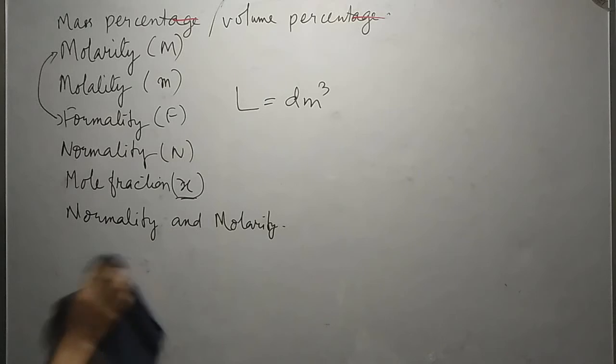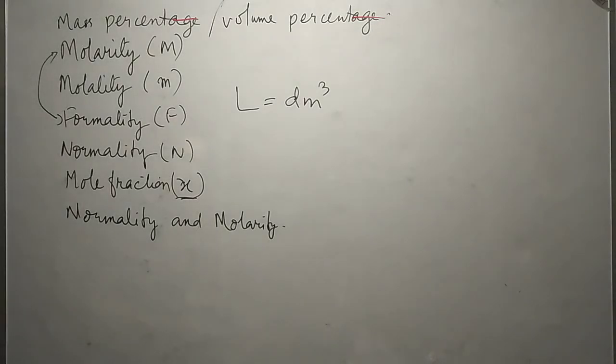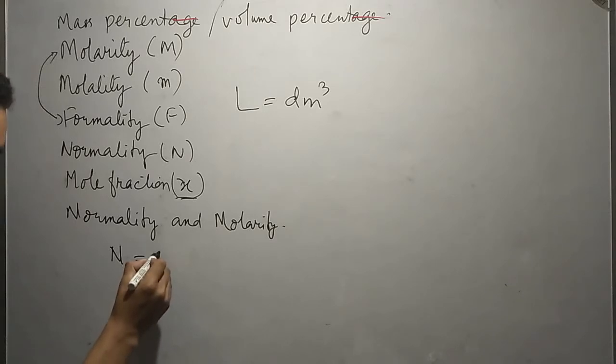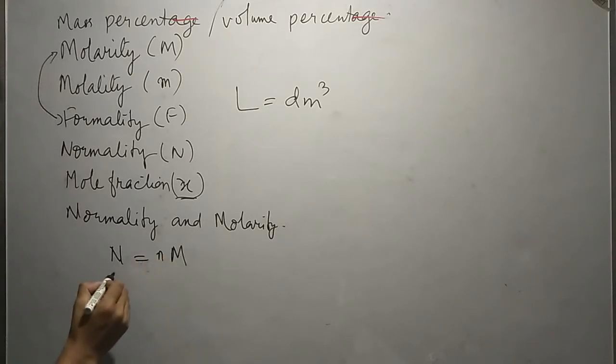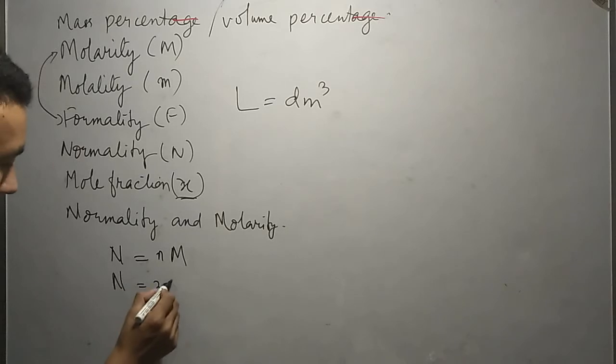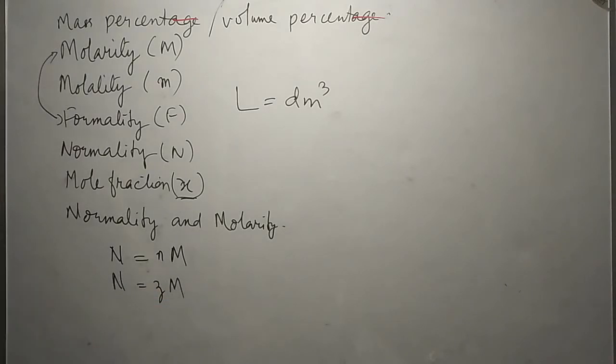The next one is the relationship between normality and molarity. Here we have normality equal to Nm, or we can write Zm also, where N or Z is the valency.